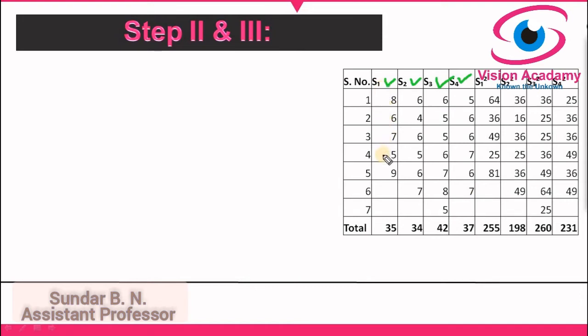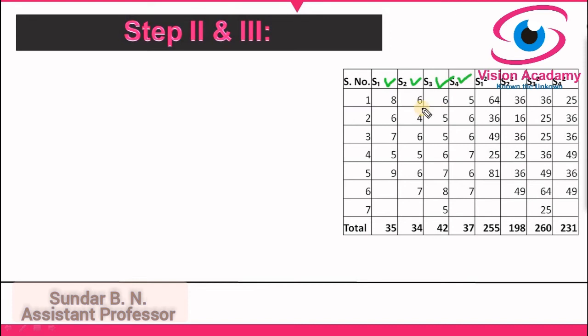Firstly, I have listed here whatever data is given in the problem. From school 1, out of 10, the scores are 8, 6, 7, 5, 9 from all 5 students. School 2: 6, 4, 6, 5, 6, 7. School 3: 6, 5, 5, 6, 7, 7, 8, 5. And school 4: 5, 6, 6, 7, 6, 7.